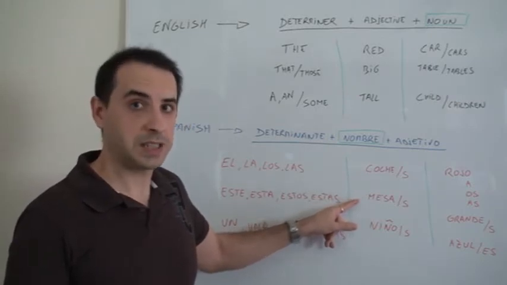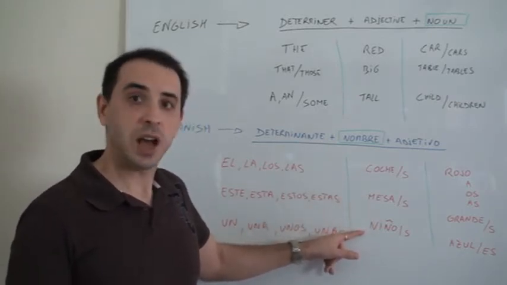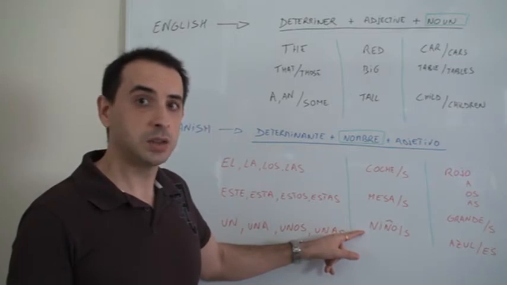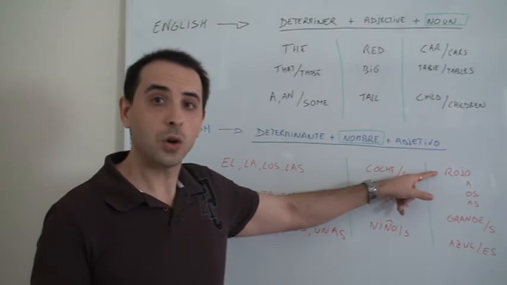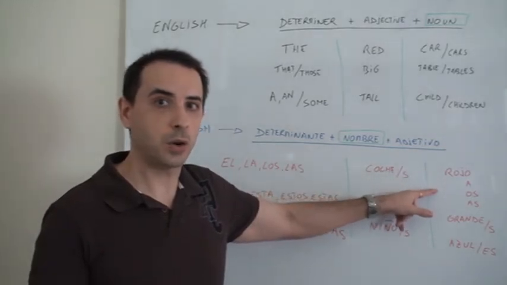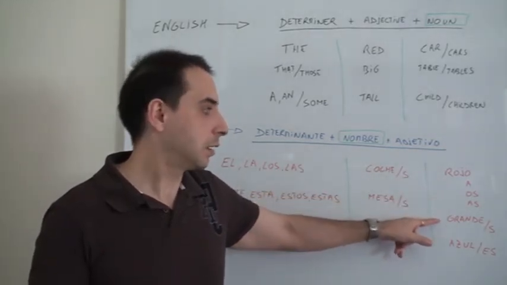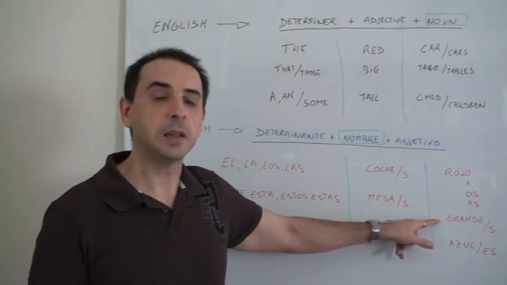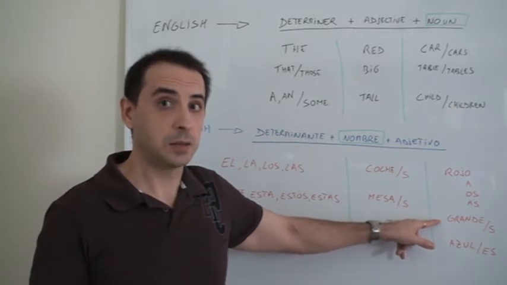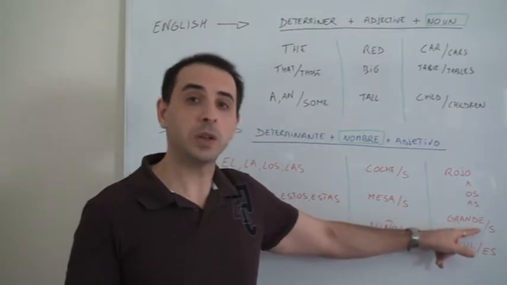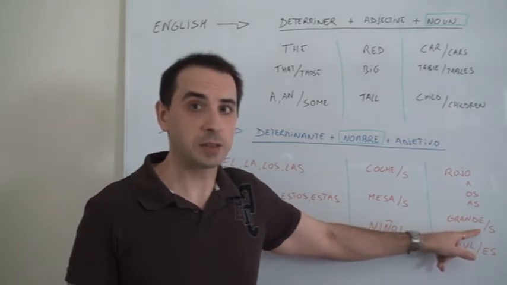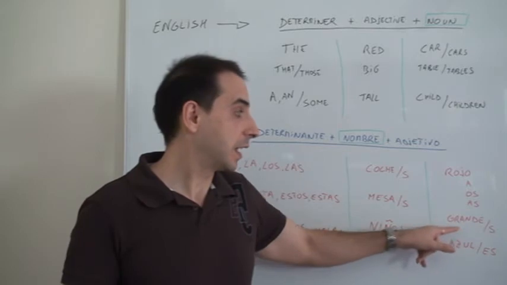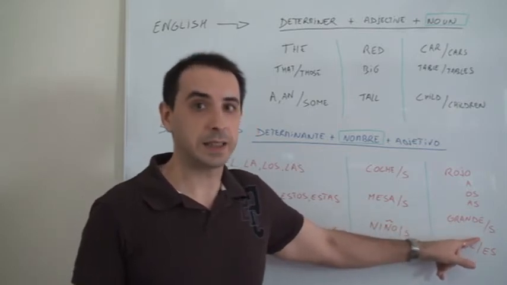Table, mesa. Child, niño. Children, niños. Rojo, roja, rojos, rojas. Grande means big. In this case, you only have one word for male and female. That happens sometimes. Grande, grandes.